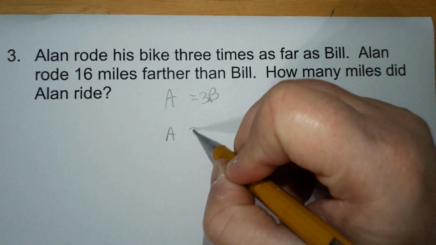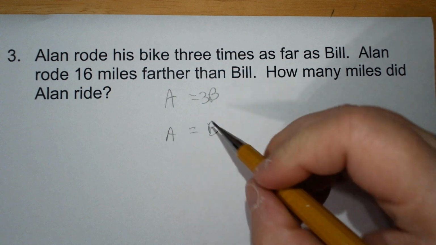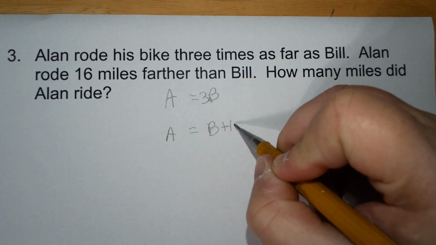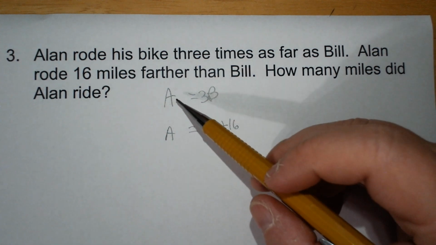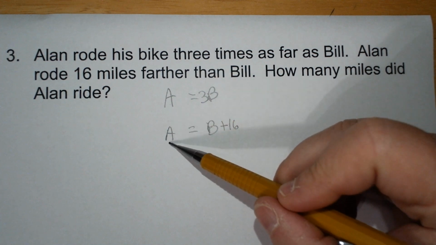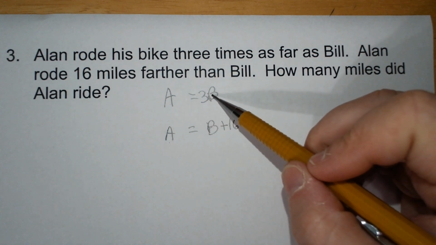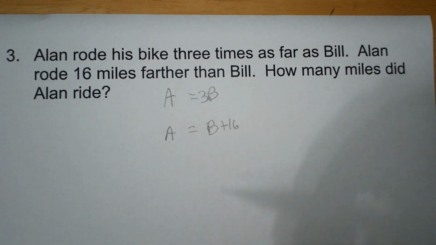Again, Alan equals Bill. No, he's 16 farther. So for him to catch up, he has to equal 16. Okay, this is a great substitution. Whether I put this here for that A or this here for that A, that's fine.